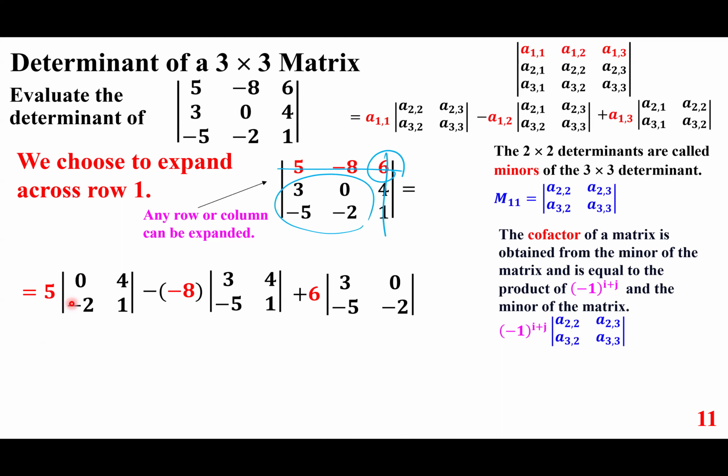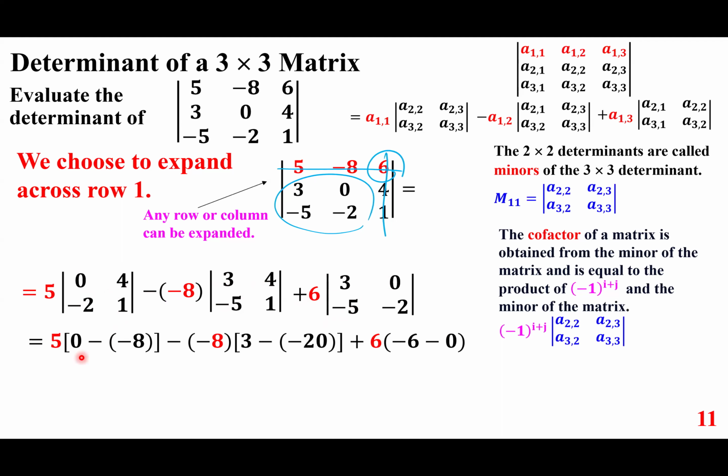So this is the cross product: 5 times this is 0, minus 8, minus 1. I want to keep the negative and negative 8. 3 times 1 is 3, minus negative 20, plus 6. I want to keep that. 3 times minus 2 is minus 6, minus that becomes 0, their product.